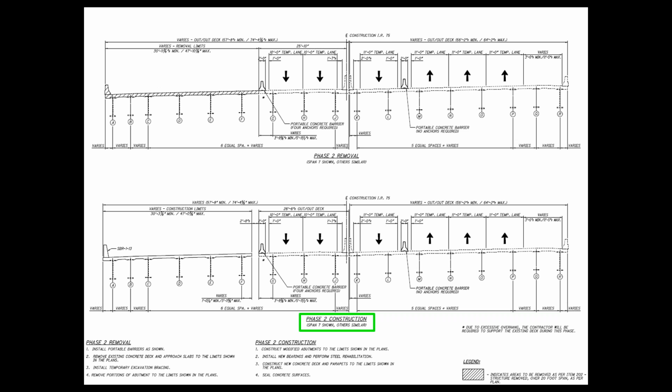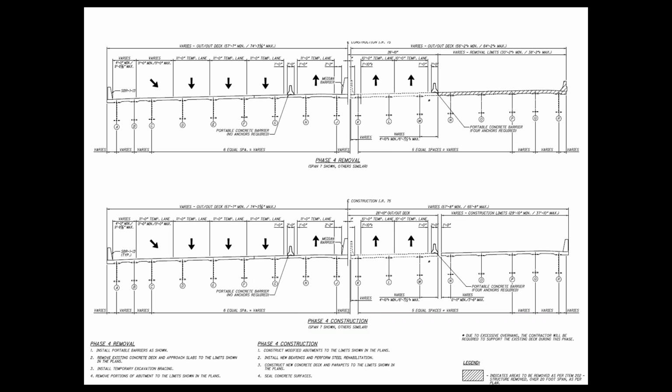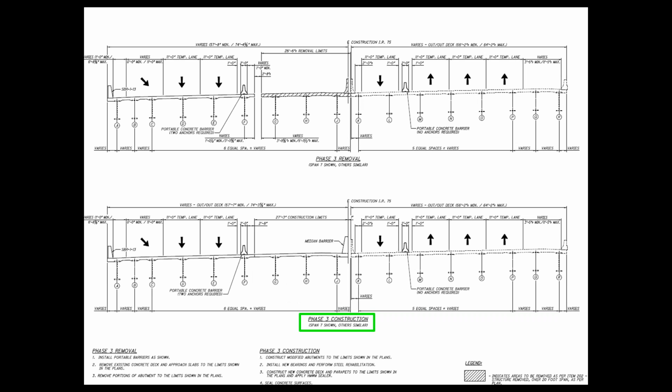There is a rehab going on, and as you can see, in phase 2, the left end of the bridge is removed and constructed. And in phase 3, the middle portion is removed and constructed. Phase 4, the end portion is removed and constructed. And in each phase, the lanes are running in different directions. And some of the lanes, such as over here, will have varying direction flow of the traffic.